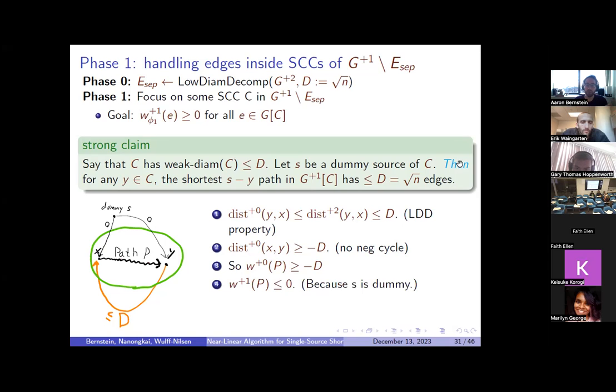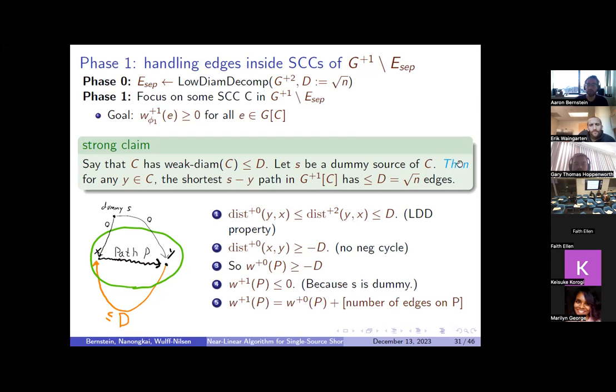Well, in G plus 1, on the one hand, we know that the weight of the path has to be less than or equal to 0. And this is the one crucial point where we're using the fact that we're working with a dummy source, because the dummy source always has the option of just taking a 0 weight edge directly to y. So whatever path we use has to be non-positive. On the other hand, there's also this easy relationship between w plus 1 and w plus 0. All w plus 1 is, is you added 1 to every edge weight.